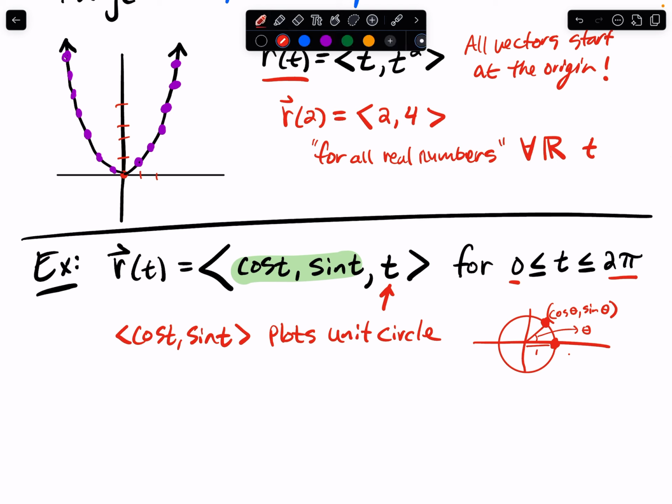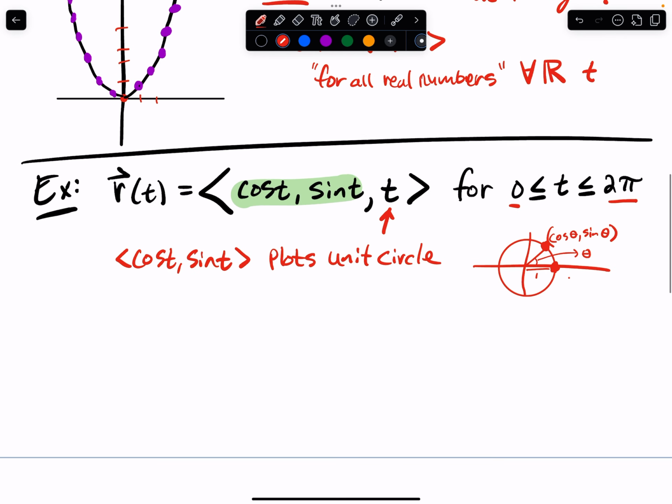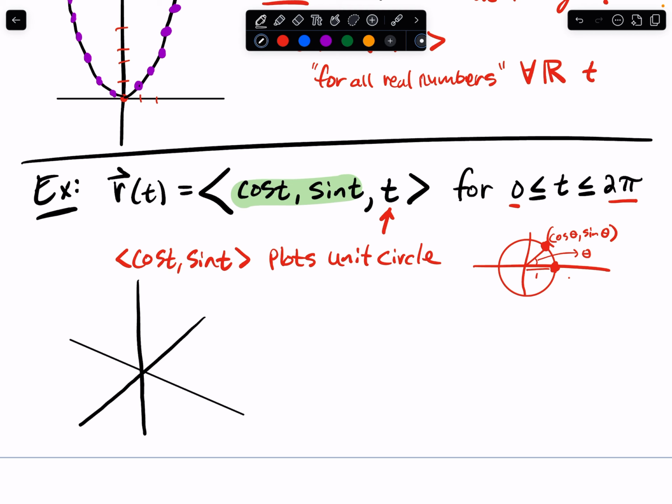All right, so let's see if we can plot this thing, okay? So let's do my best to draw this out. So we've got x, y, z. So this still works for the right-hand rule, okay?